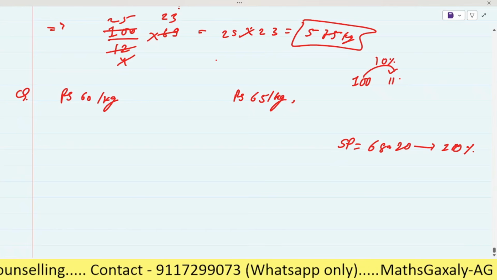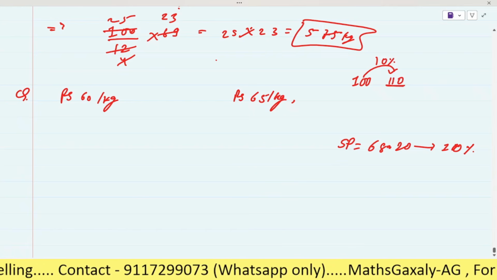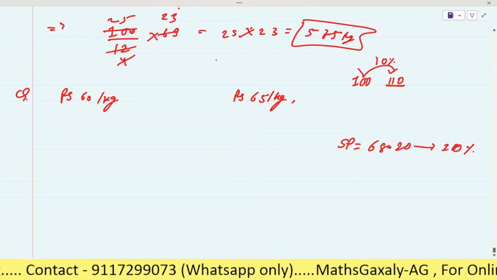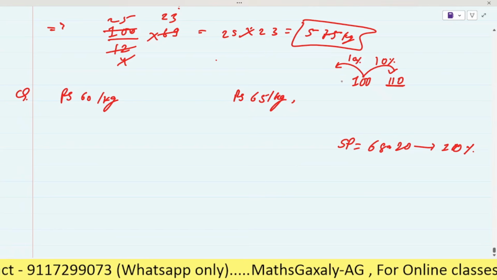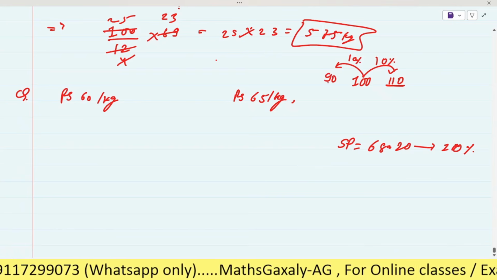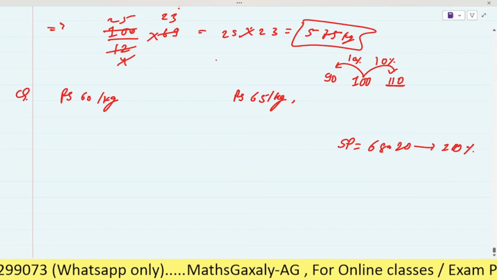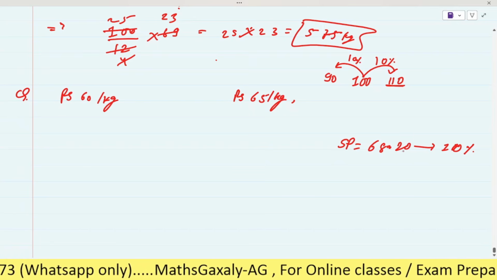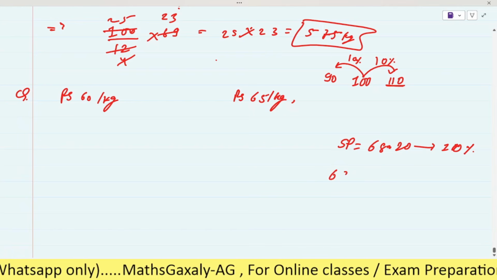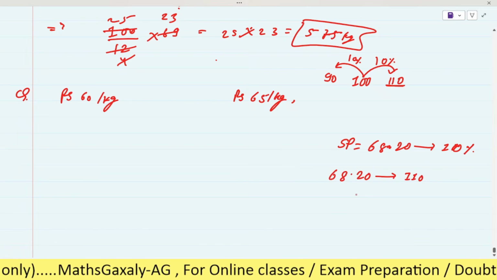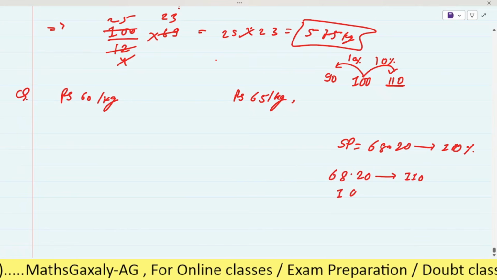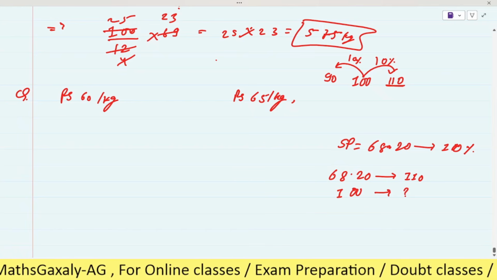It means we sell it at 110 rupees, right? When we get a loss of 10% after selling, it means we sell it at 90 rupees. So here 68.20 is the value of 110, and we have to find the value of 100.